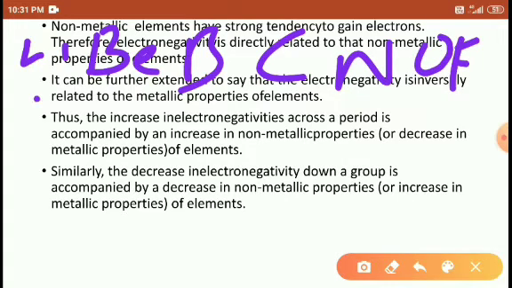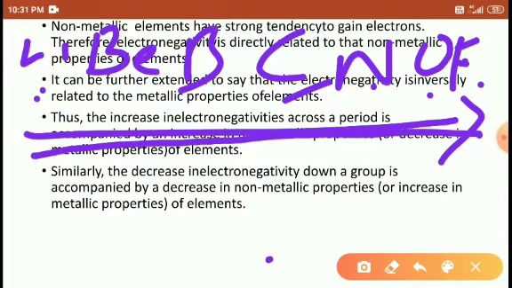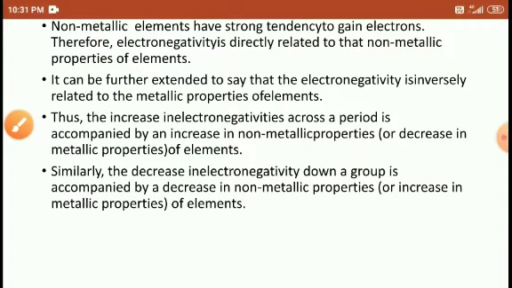When you move from lithium to fluorine, the metal turns into non-metal, right? So carbon is non-metal, nitrogen non-metal, oxygen non-metal, fluorine also non-metal. So metallic property here decreases and the non-metallic property increases here. So non-metals have high electronegativity as compared to the metals. Right, students?